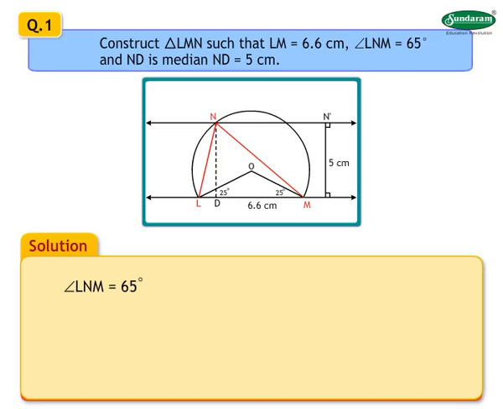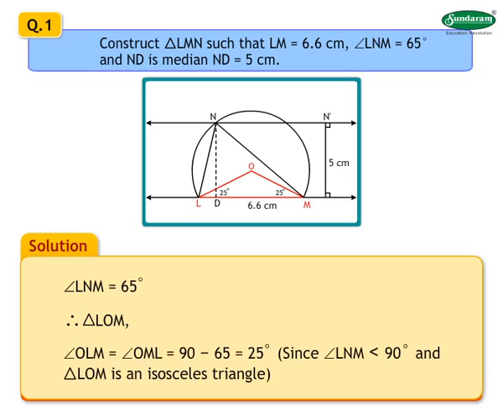Since angle LNM is less than 90 degrees and triangle LOM is an isosceles triangle, therefore, in triangle LOM, angle OLM is equal to angle OML is equal to 90 minus 65 is equal to 25 degrees.